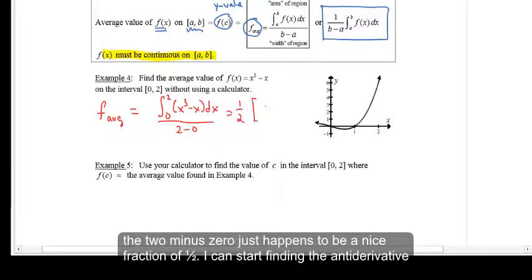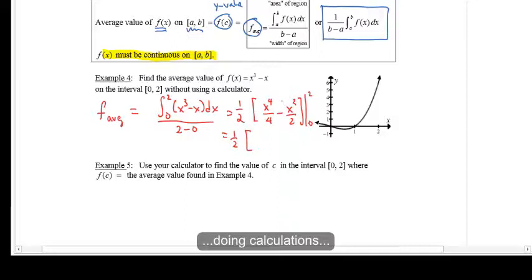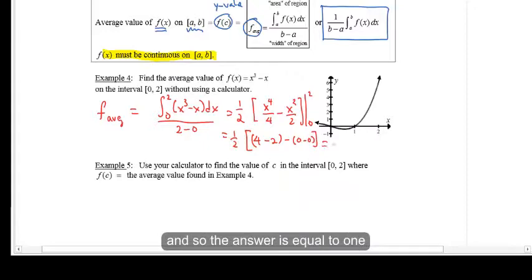I can start finding the antiderivative. Now please evaluate it from 0 to 2. 2 to the power 4 is 16, divided by 4 is 4. 2 squared is 4, divided by 2 is 2. And then 0 minus 0. And so the answer here is equal to 1.